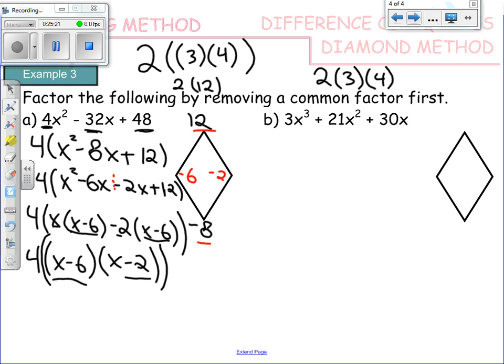Why did we take an x out? Yeah, because they all have x's. That left you with 3. These is x squared.